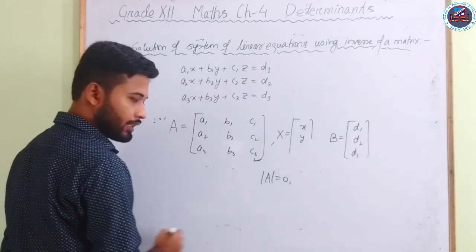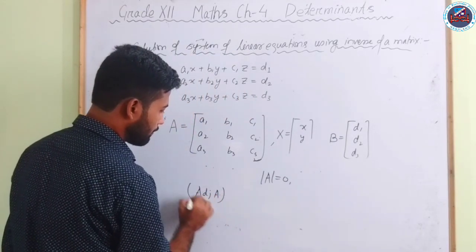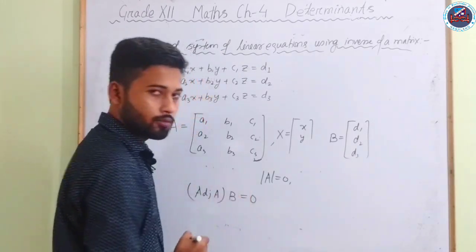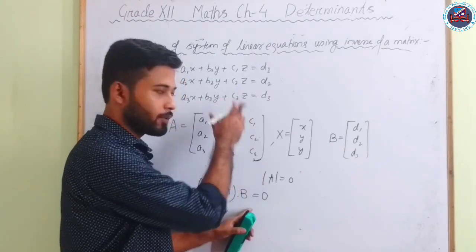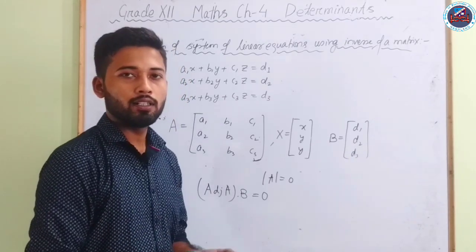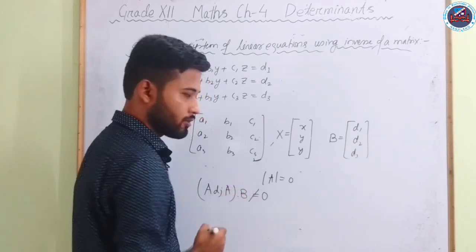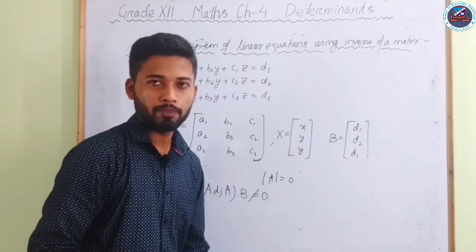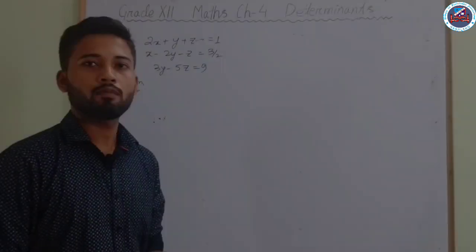At that time we need to find the adjoint of A and multiply with B. If that product is equal to 0, then we shall say that the system of equations might have infinitely many solutions. And if it is not equal to 0, then we can clearly say that the system of equations has no solution. So now let us proceed to exercise 4.6.